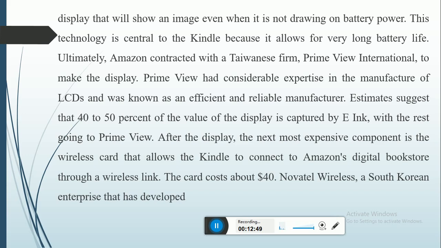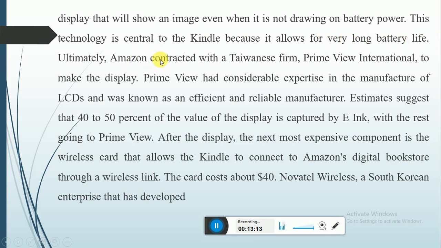They're going out for one day or two days or one night, or for example the whole day. So the e-reader needs to have a very high battery capacity where they can read more books the whole day. So that's why they have used this technology in order to increase the battery life.